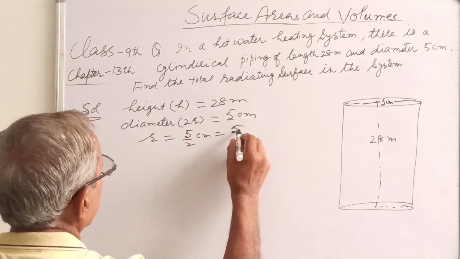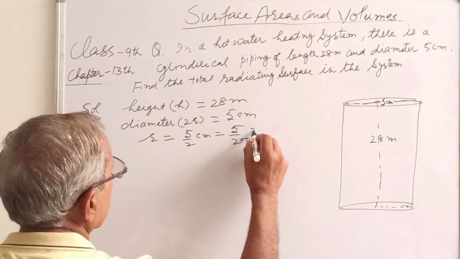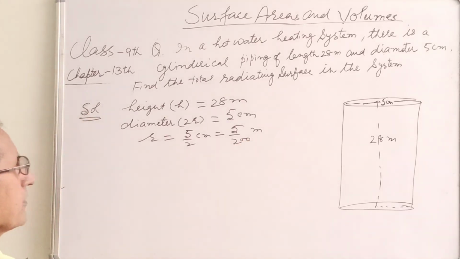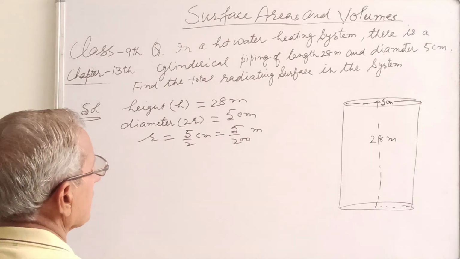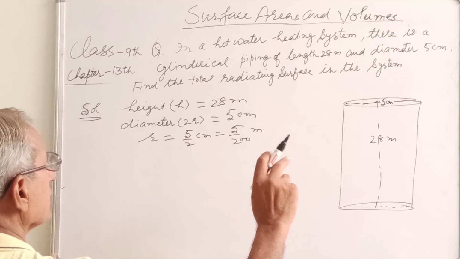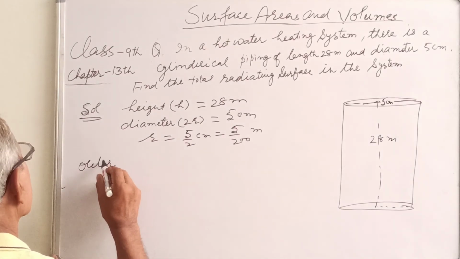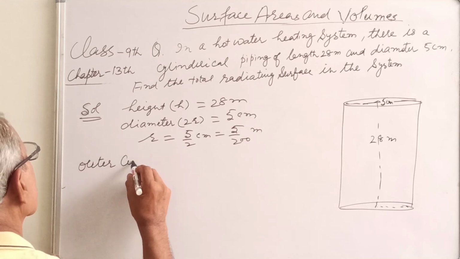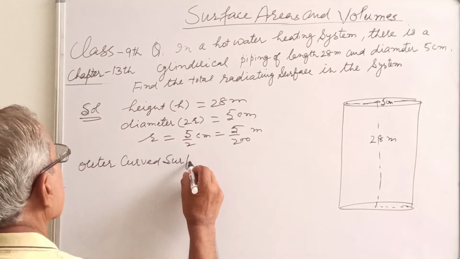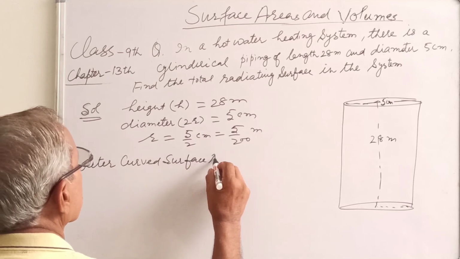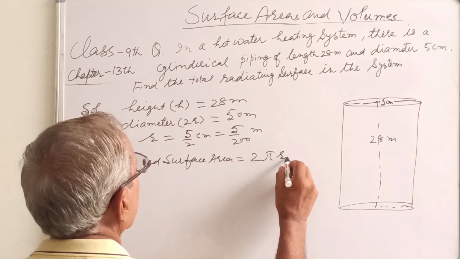So 5/2 divided by 100, that will be 5/200 meters. So you have to find the outer curved surface area. 2 pi r h.